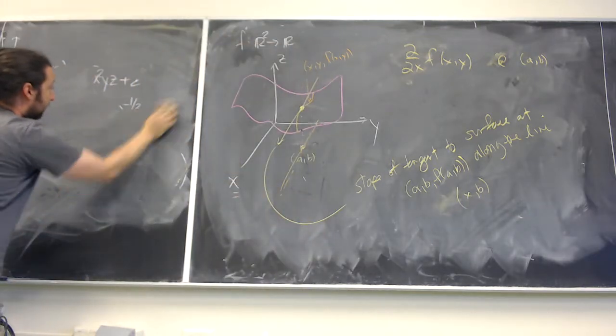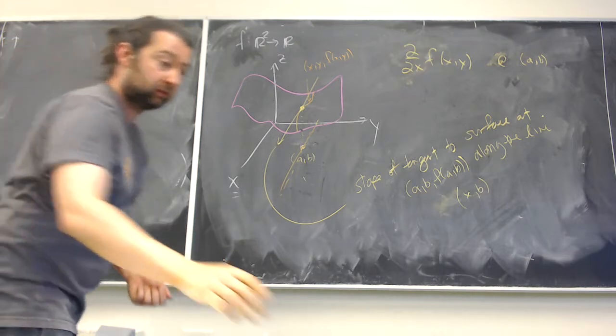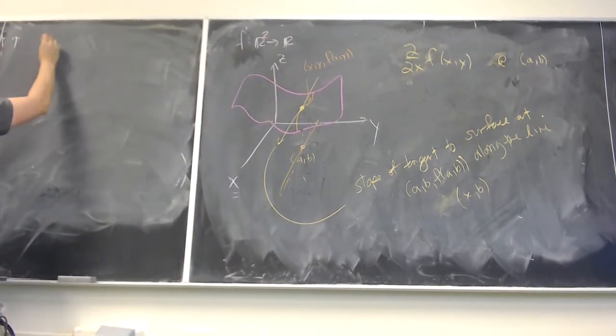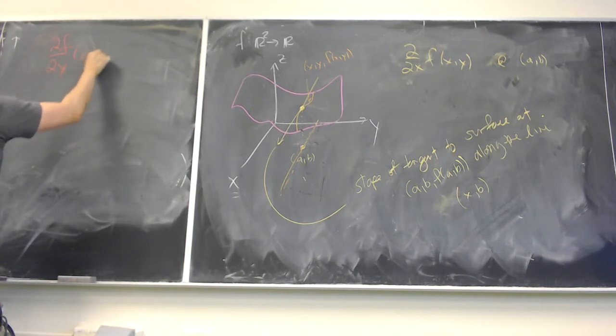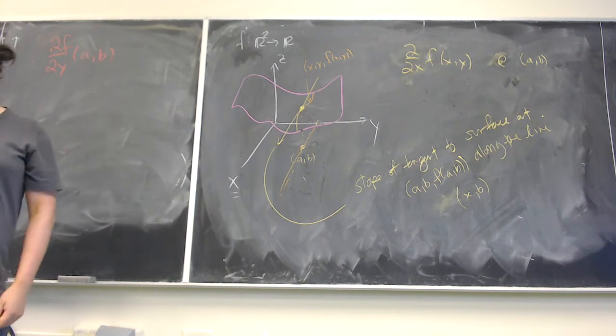What does the other partial derivative give you? Suppose instead we computed df dy at a, b. Now what am I computing? The derivative with respect to y.